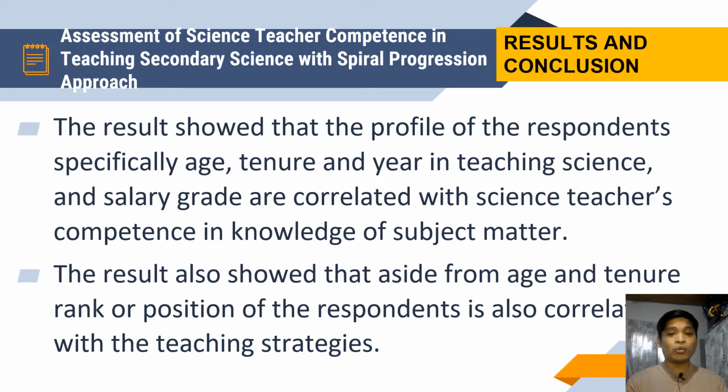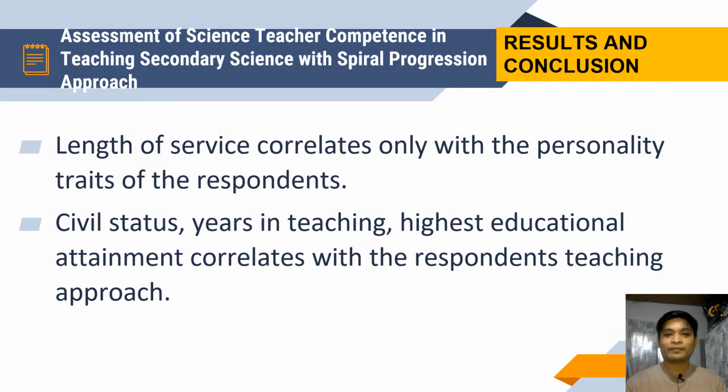The result also showed that aside from age and tenure, rank or position of the respondents is also correlated with the teaching strategies. The length of service correlates only with the personality traits of the respondents, and civil status, years in teaching, and highest educational attainment correlate with the respondents' teaching approach.